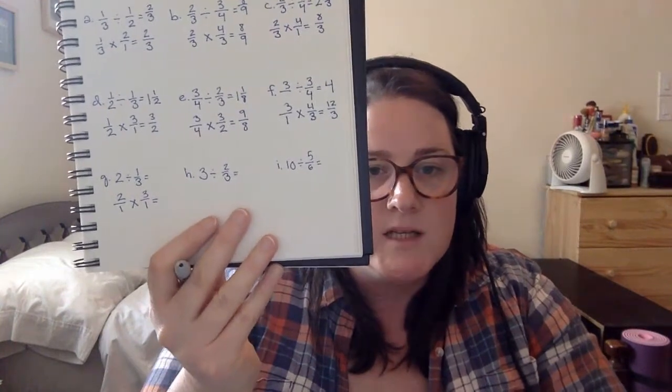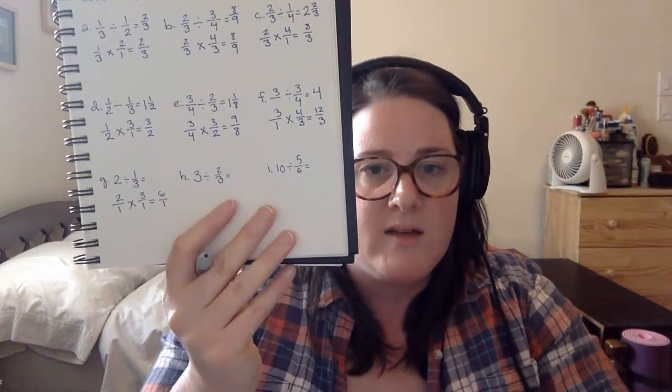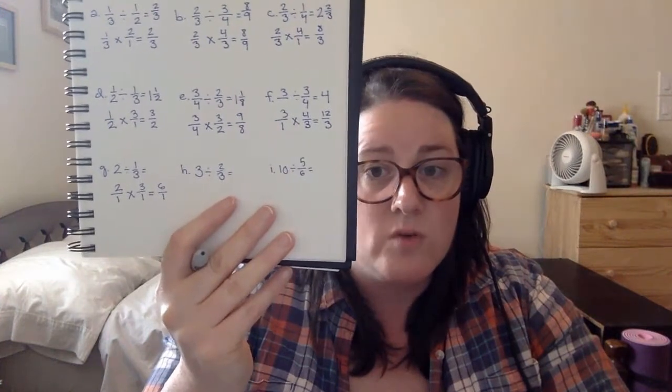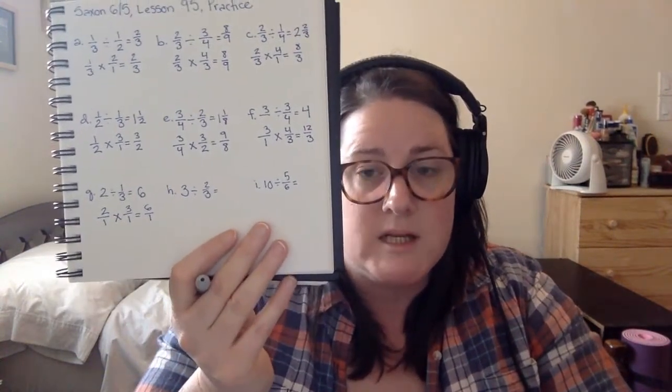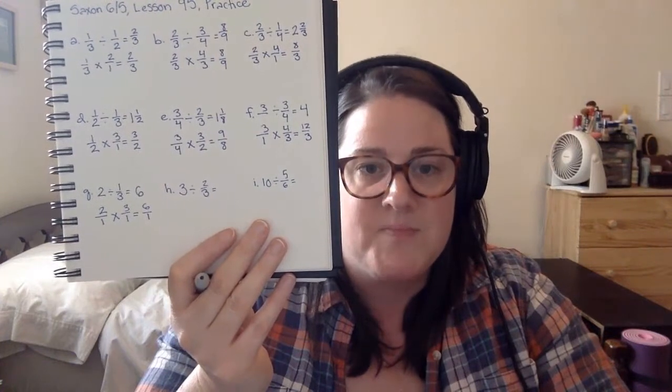Right, so now I have 2 over 1 times 3 over 1. 2 times 3 is 6, 1 times 1 is 1, and now I have the improper fraction 6 over 1. This, simplified, is the whole number 6. So 2 divided by 1/3 equals 6.